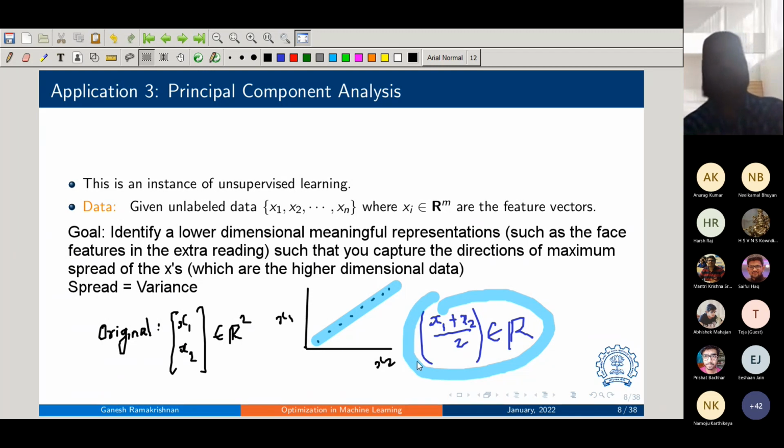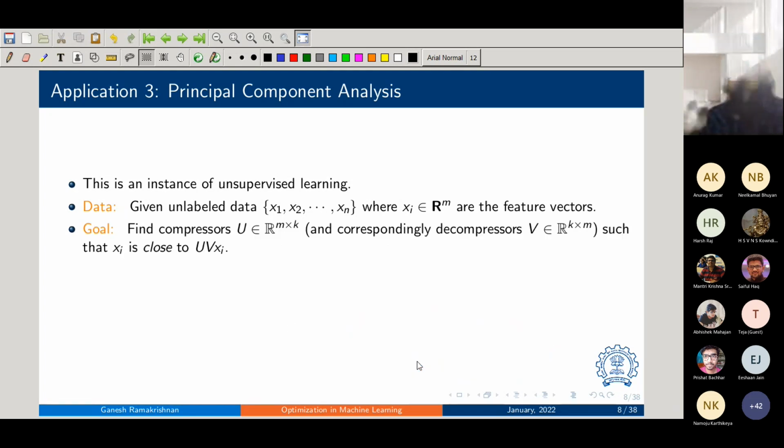So what is the notion of a compressor here? The compressor here is what gives you x1 plus x2 by 2, but now you can also decompress. So let's look at the decompression. Okay, so the goal is to find the compressors and corresponding decompressors such that after you compress and then decompress, you get proximity.